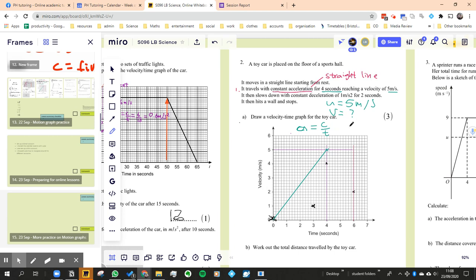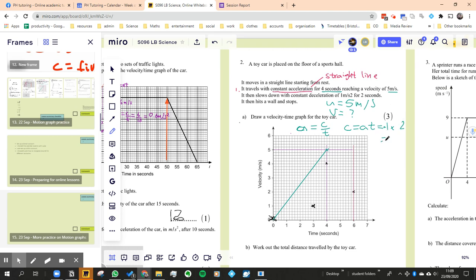So we need to calculate the change in velocity. By rearranging it, the change in velocity is going to equal the acceleration times time. The acceleration in this case is -1, because it's decelerating, and the time is 2 seconds.